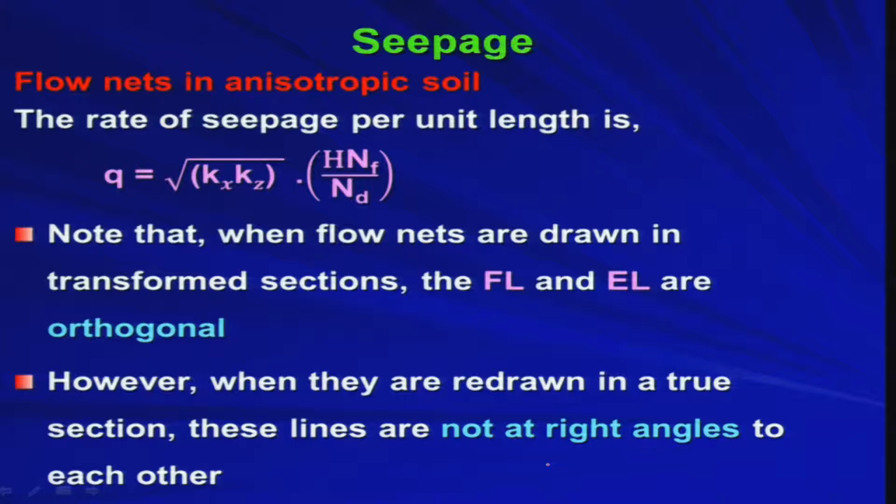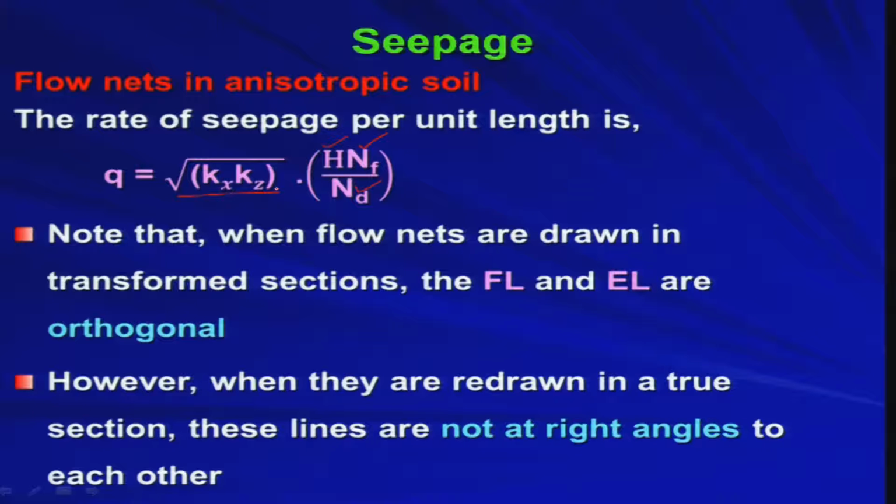So, rate of seepage per unit length will be q equal to root over k_x into k_z, into H N_f by N_d, right. So, if you know N_f, that is the number of flow channels, and N_d, the number of equipotential drops, and the head difference between upstream and downstream side, say H, and if you know the coefficient of permeability in x and z direction, you can find out the rate of seepage per unit length of the barrier or the actual problem.